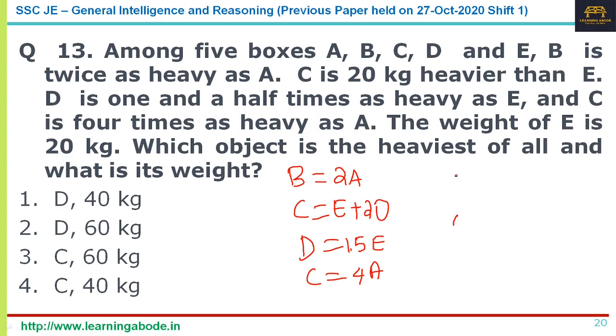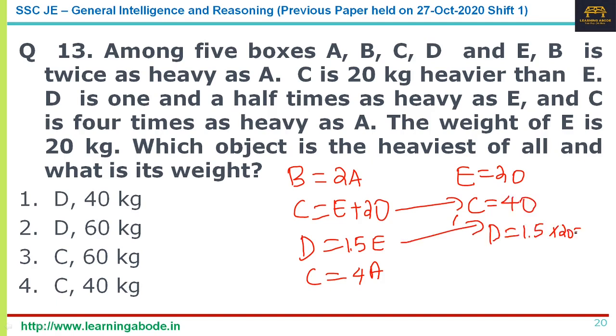So if E is 20, we can write C is equal to 20 plus 20, which is 40, and D is 1.5 into 20, which is 30.